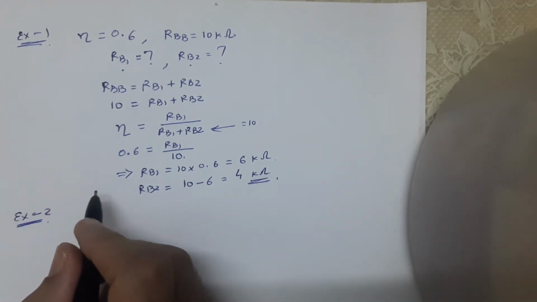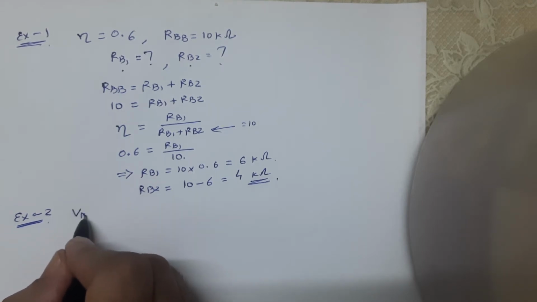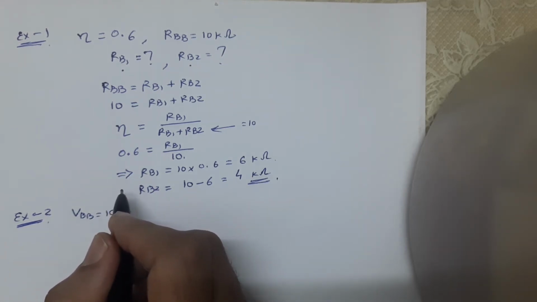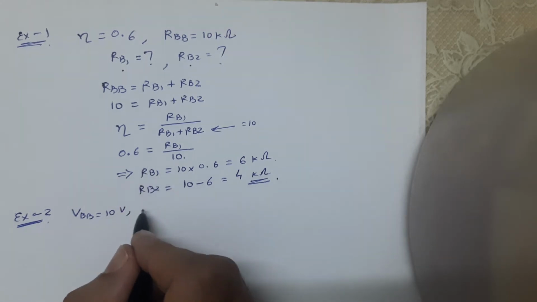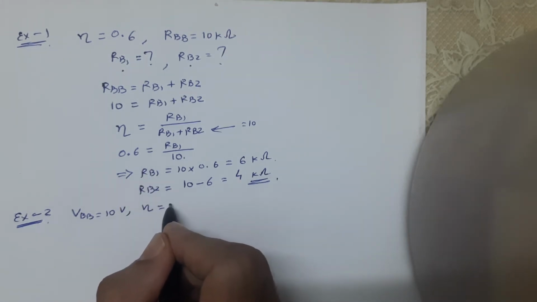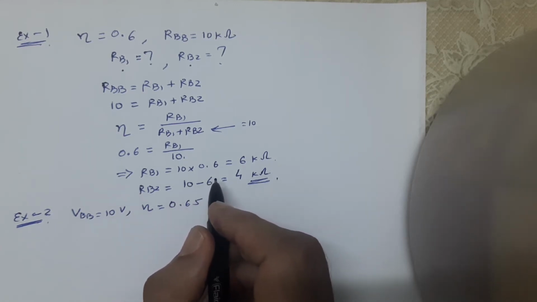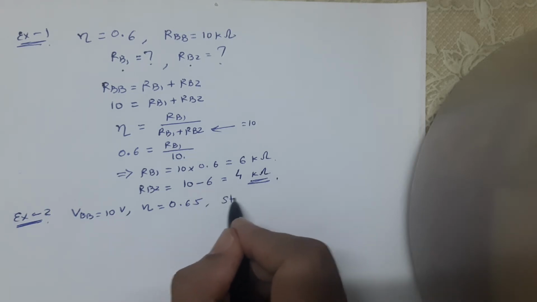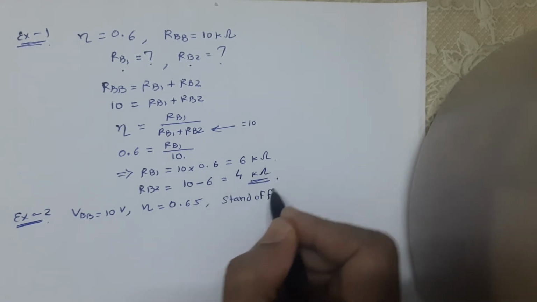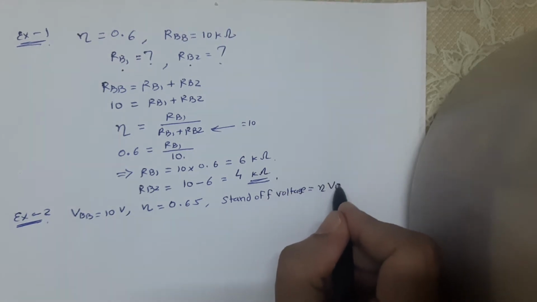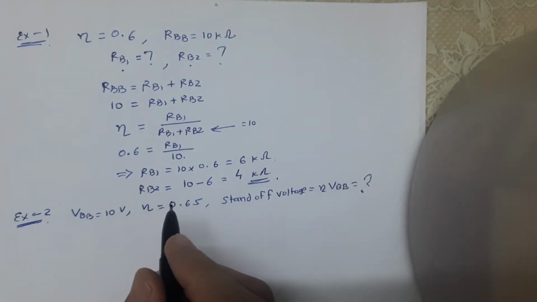Example 2. A UJT has 10 volt between the bases. That means VBB is equal to 10 volt. If the intrinsic standoff ratio is 0.65, find out the value of standoff voltage, that is equal to eta VBB. What will be the peak point voltage?